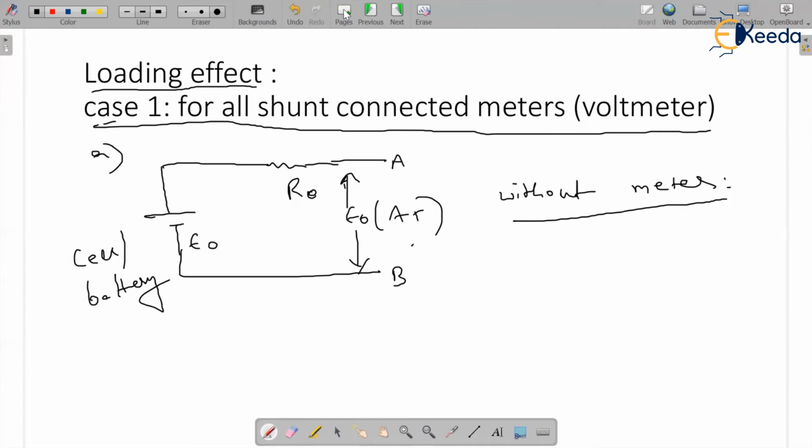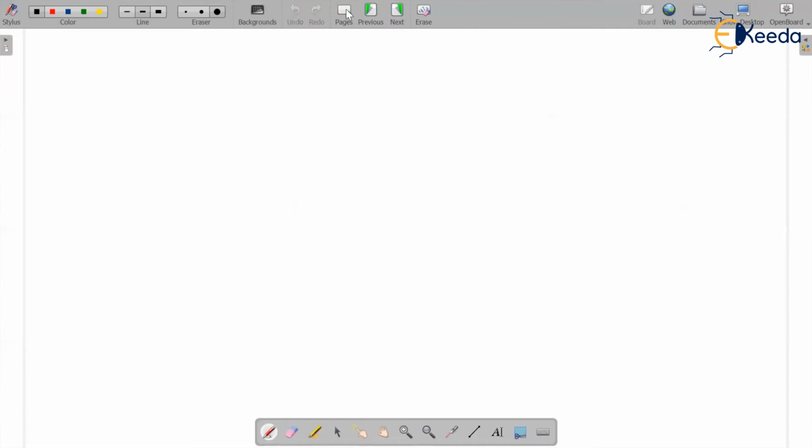But let's come to after connecting the meter. Once I connect the meter, this is your E naught and this is R naught.